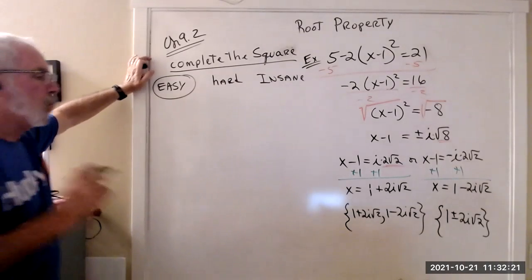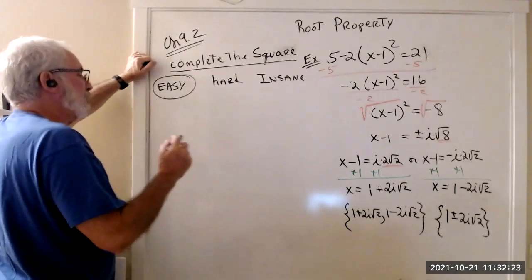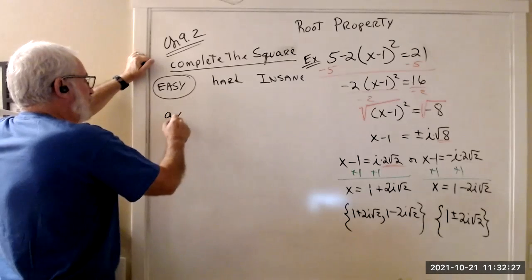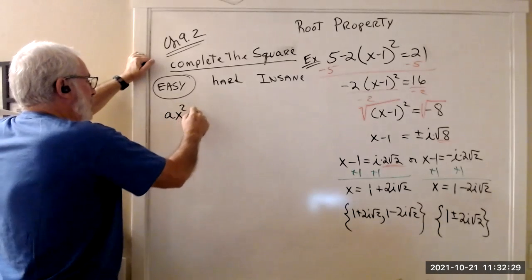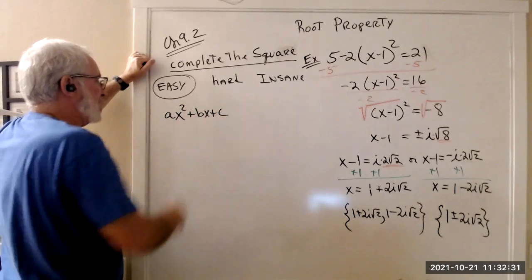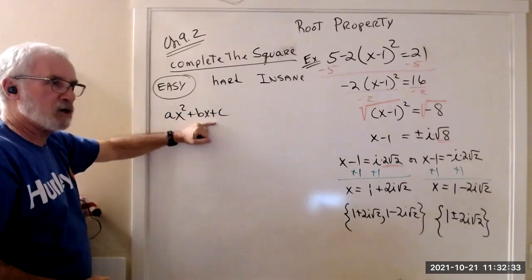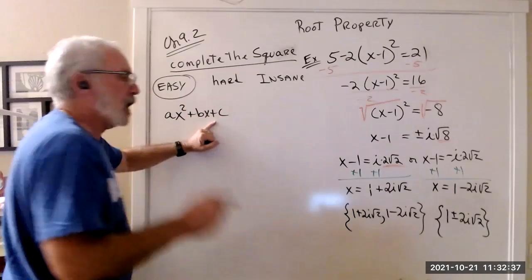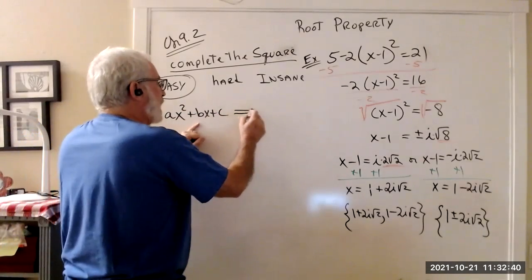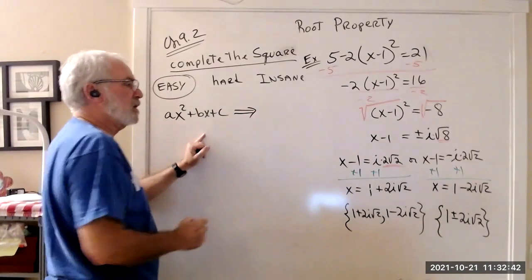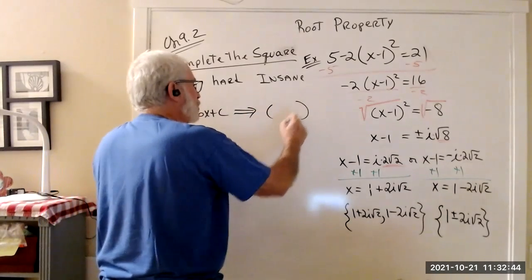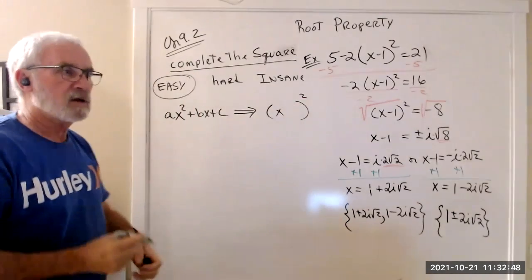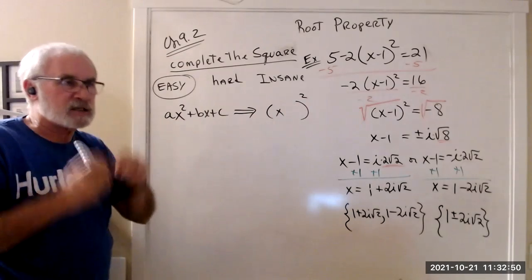What we're trying to do with complete the square: suppose I gave you a trinomial, ax squared plus bx plus c. We've talked about trinomials and the a, b, and c numbers. There is a technique that we can use to turn this into all of my x's in a quantity squared. That's my ultimate goal.